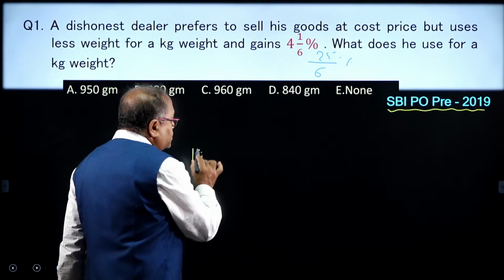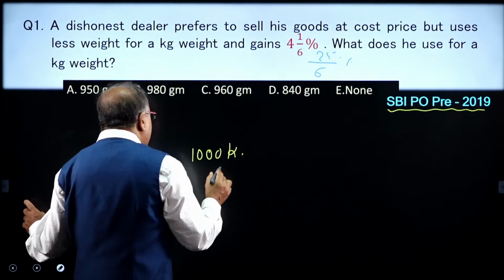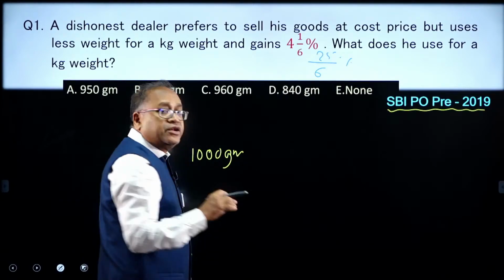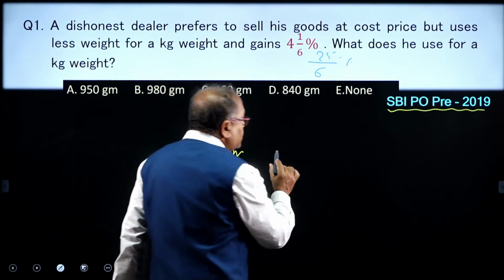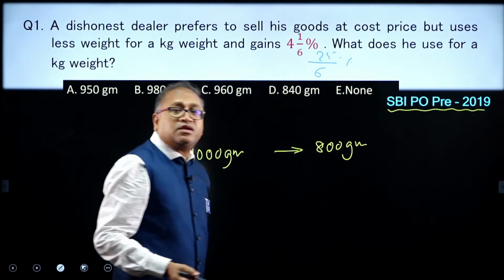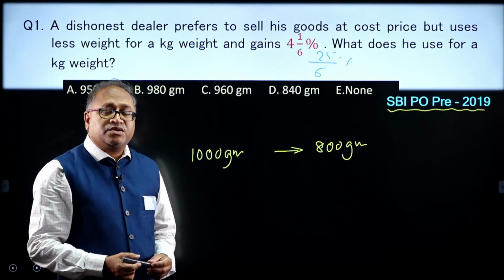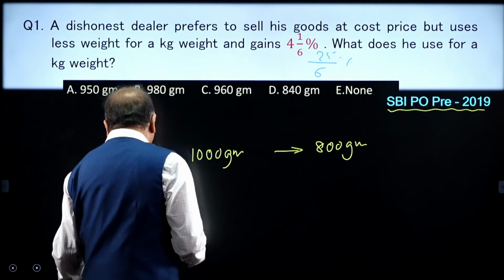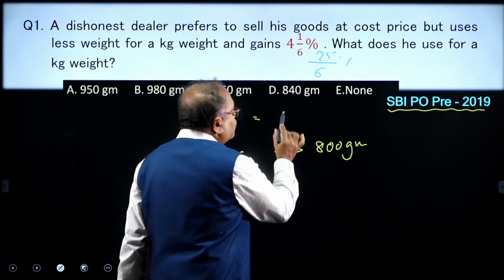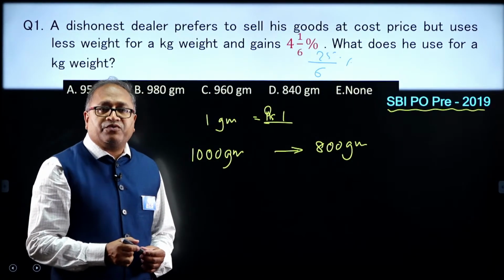So, he sells the goods at cost price, and he says that I am selling 1 kg, that means 1000 grams at cost price. But he only gives a customer 800 grams, so he cheats the customer by 200 grams. Suppose I assume that the price for 1 gram is rupee 1.